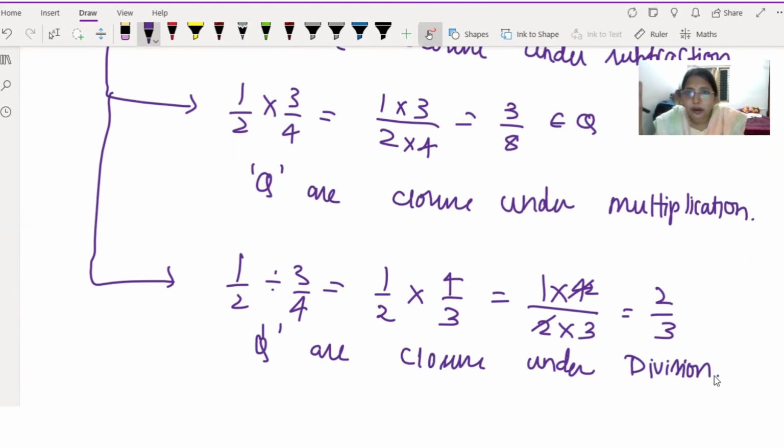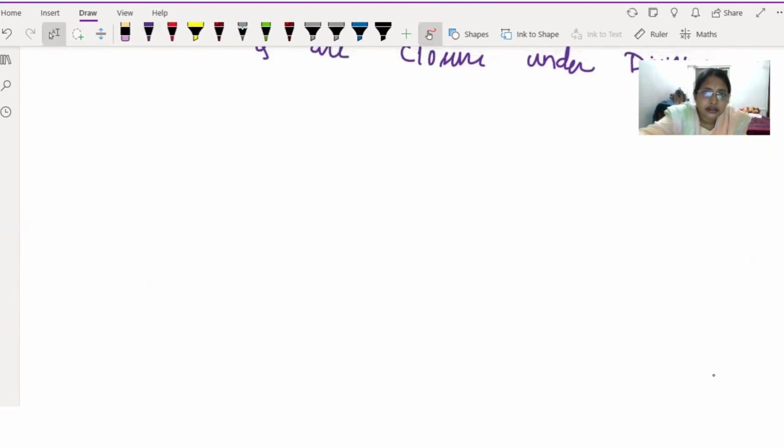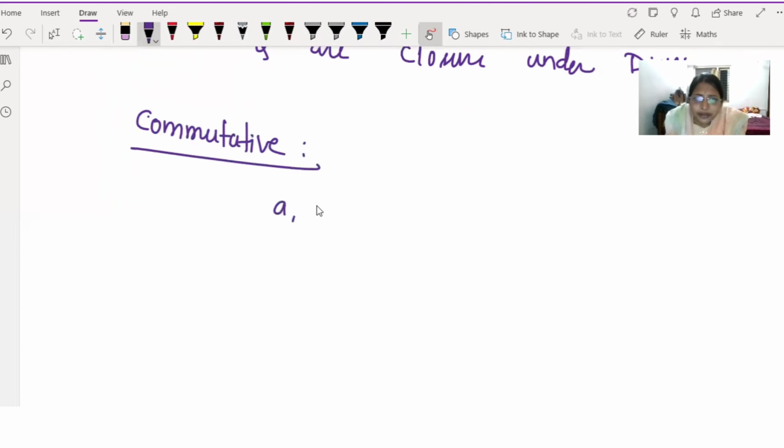Let's go for commutative property. If a and b are two rational numbers, I add a and b and I get the value c. If I add in the reverse way also and get the same answer, I say that rational numbers are commutative under addition.